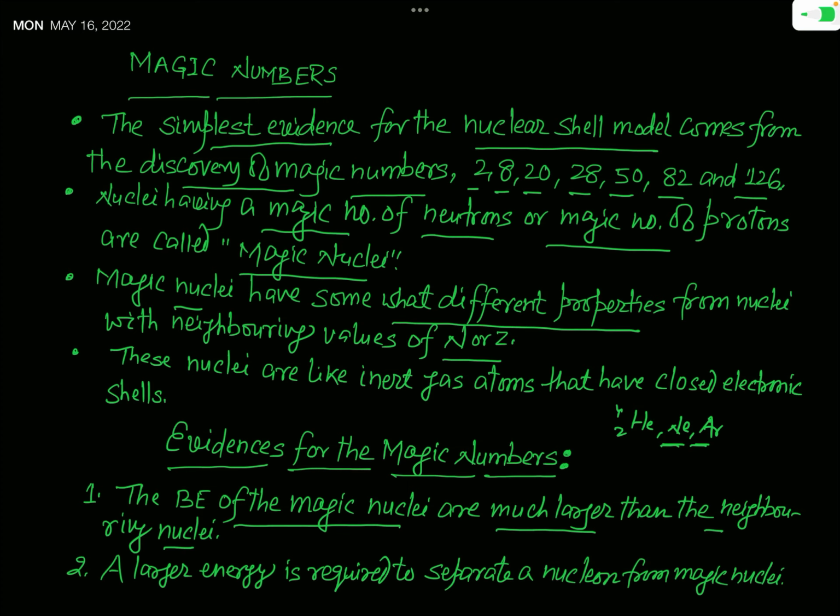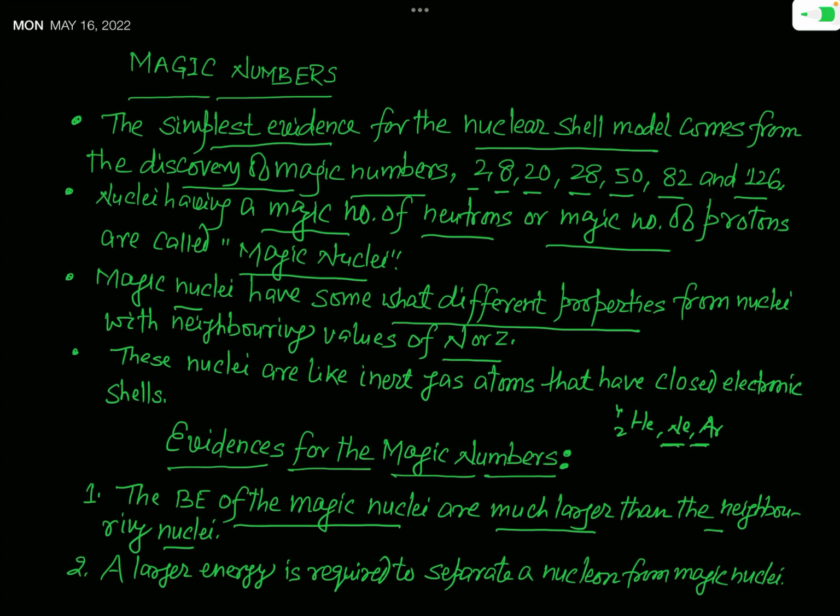When you compare the binding energy of a magic nucleus and its neighboring nucleus, it has been found in experiment that the binding energy of the magic nuclei is much larger in comparison to the neighboring nucleus. And so the binding energy per nucleon will also be very large.